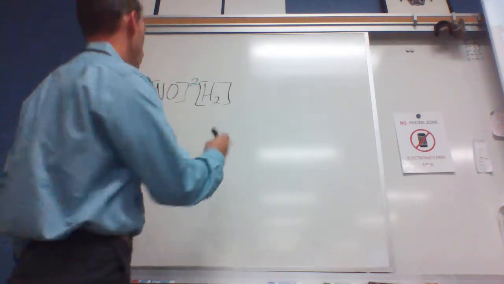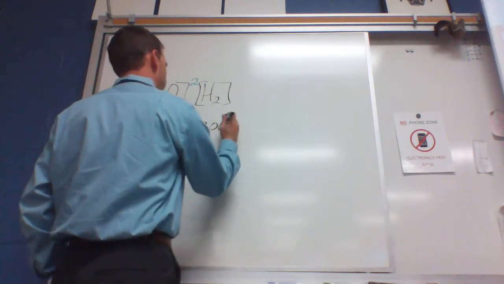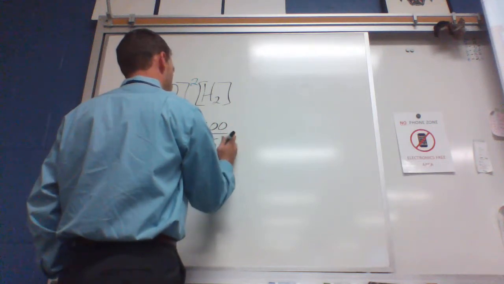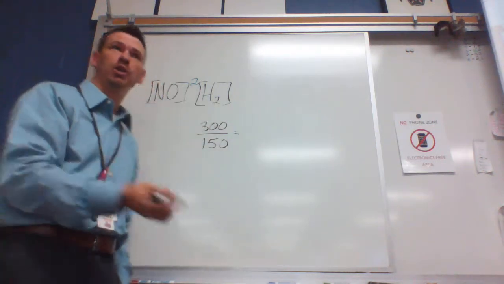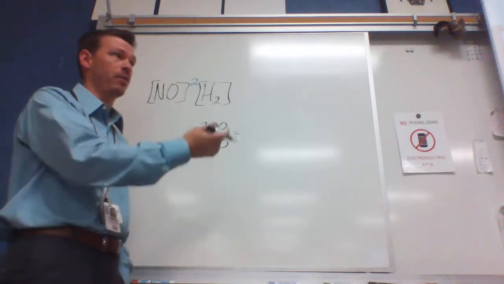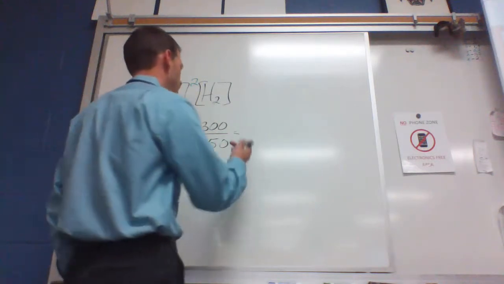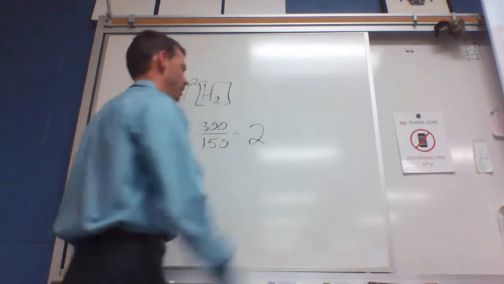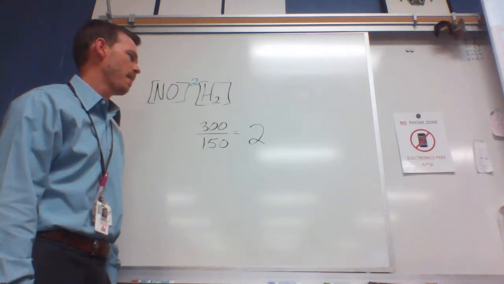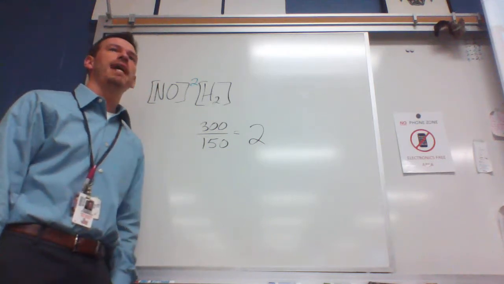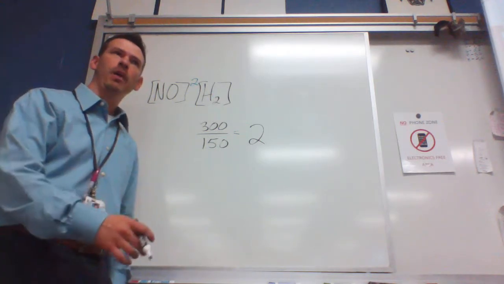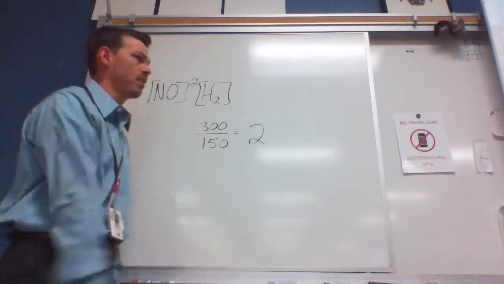So it looks like we'll start with 300 over 150. That looks familiar. But they're from 2 different trials, and I don't want you to think they're the same numbers. They're different numbers from different trials. They just happen to look alike. I want to divide the rates in the same way from the same two trials that those came from.